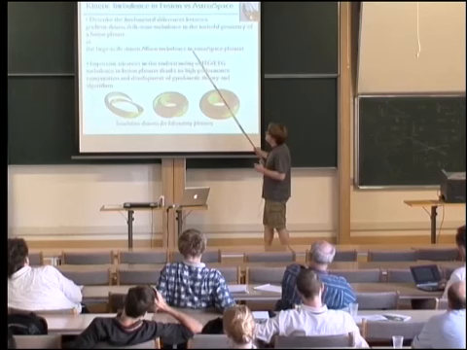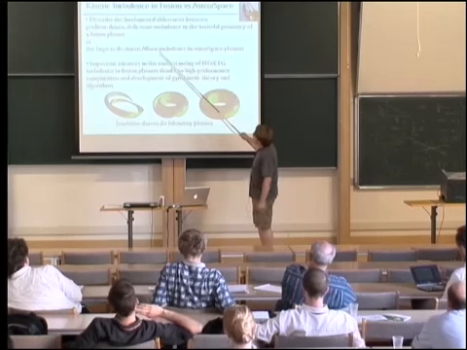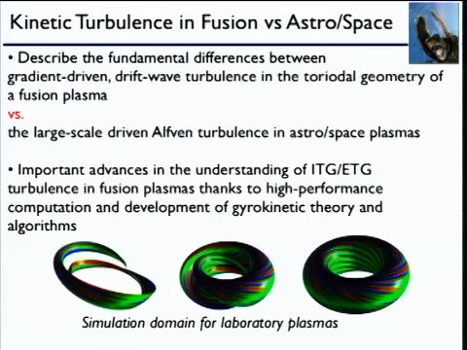And so this is the difference between using a code like GS2 and AstroGK. But nevertheless, the underlying technology and the understanding and the development of the algorithms carries through, and we can use the same techniques that we studied in this community to study ion temperature gradient, electron temperature gradient turbulence in fusion plasmas, and use those to work on this space stuff.